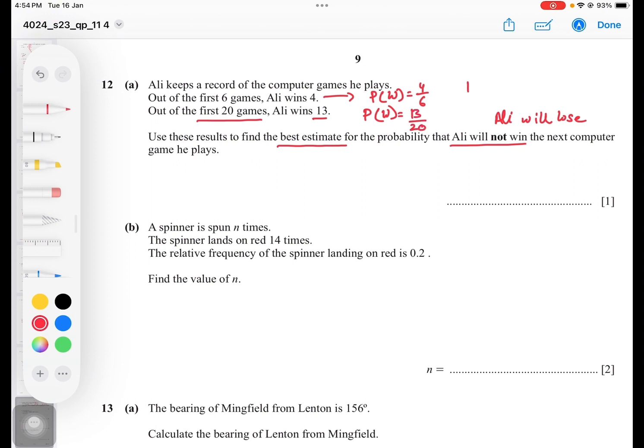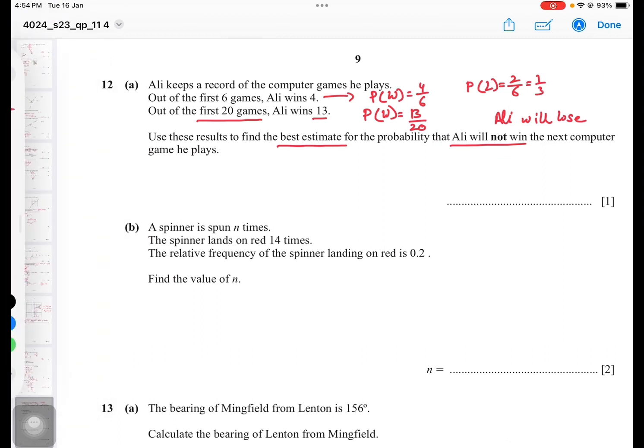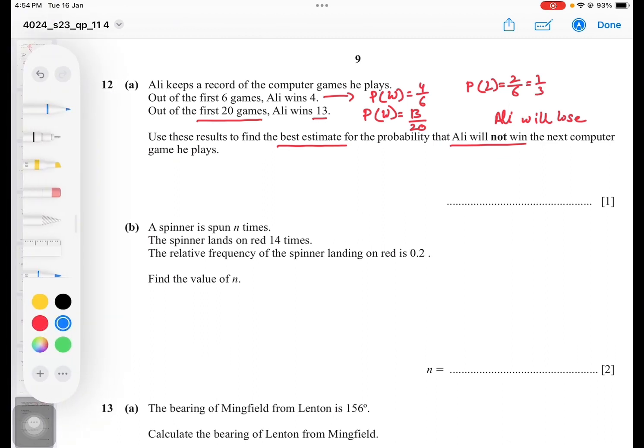In the first case the probability of losing is 2 over 6, that is 1/3, and in the second case the probability of losing is 7 over 20. So 7 over 20 is the answer because 7 over 20 is the higher probability of losing.